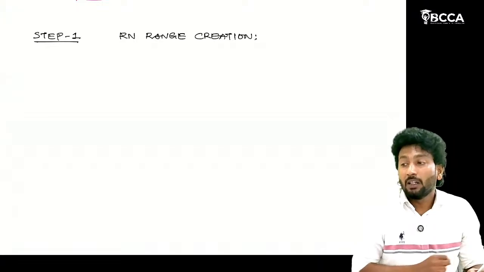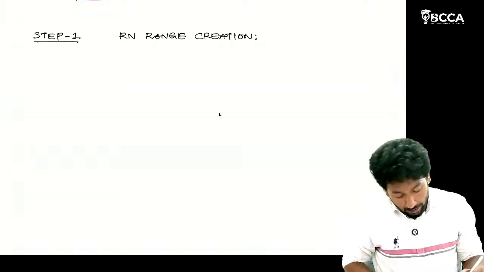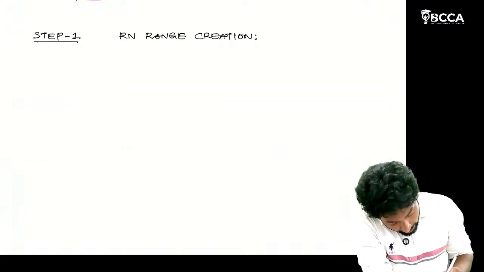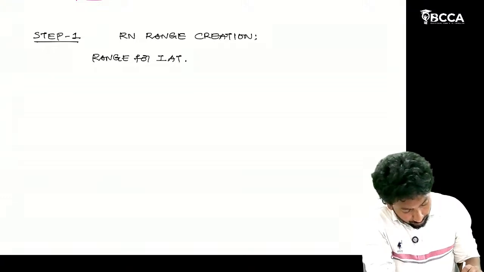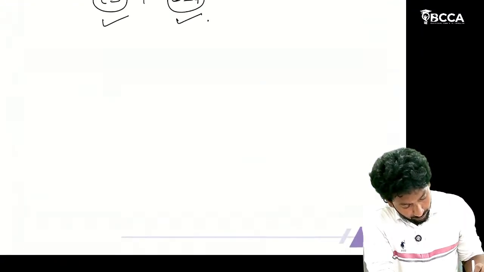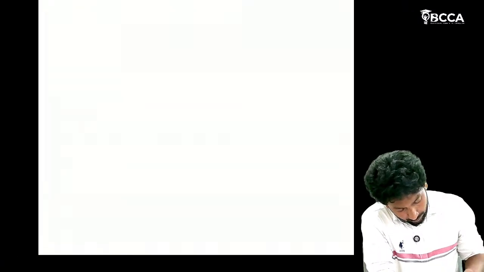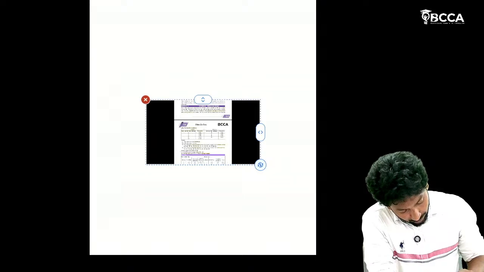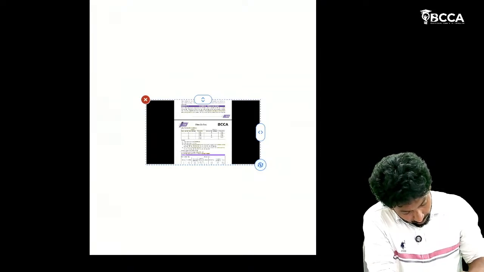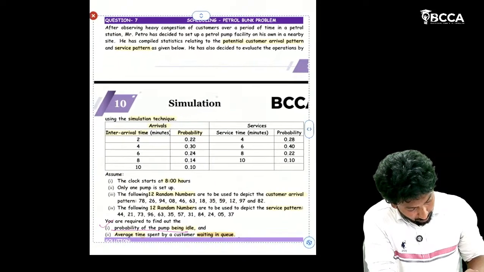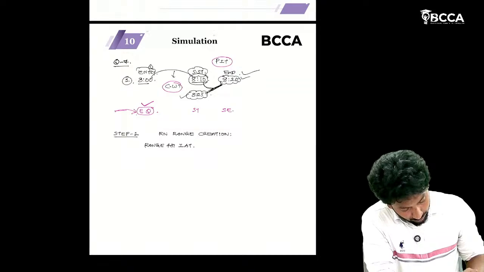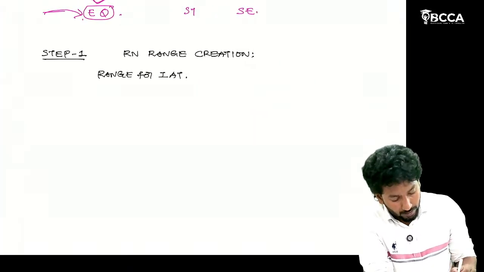So first one is random number range for inter arrival time.